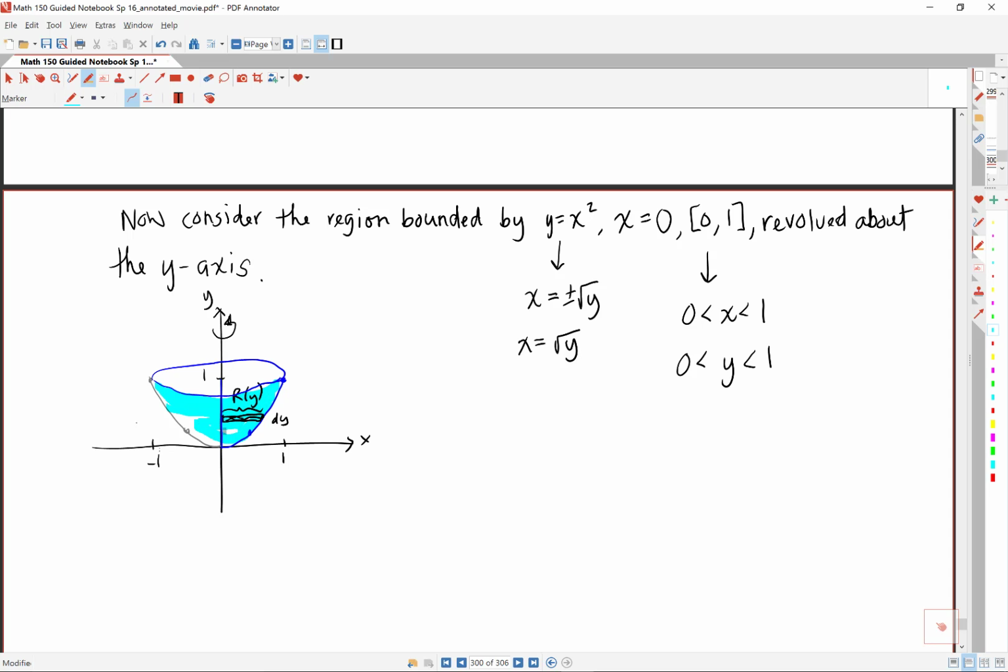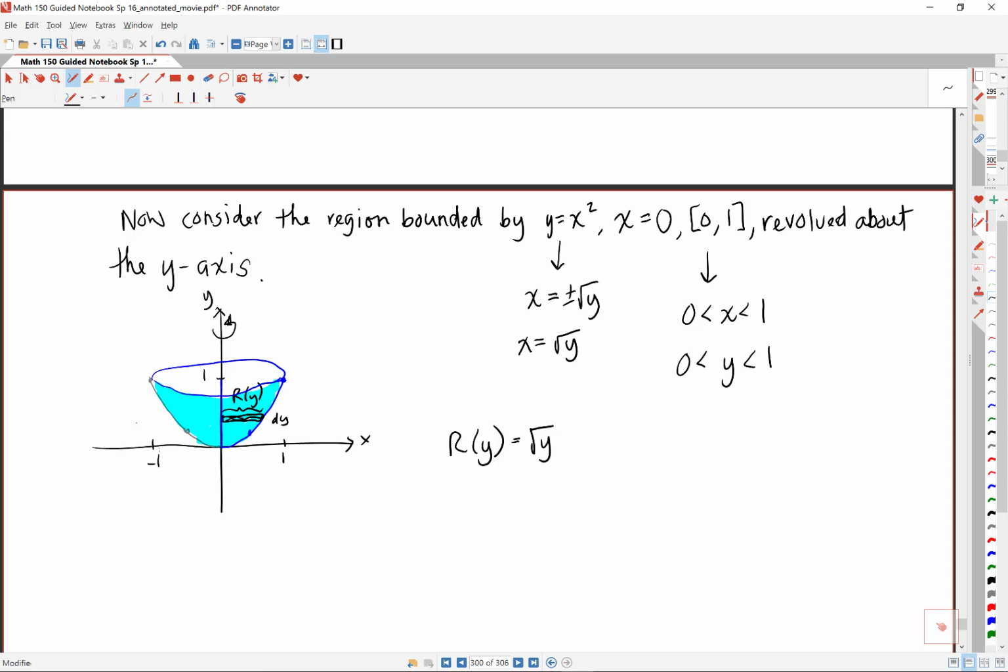So a better visualization would be a full cup or something, a full bowl, or an upside down paperweight, something like that. All right, so here's what we've got going on. What is our capital R of y? Good, it's equal to root y.